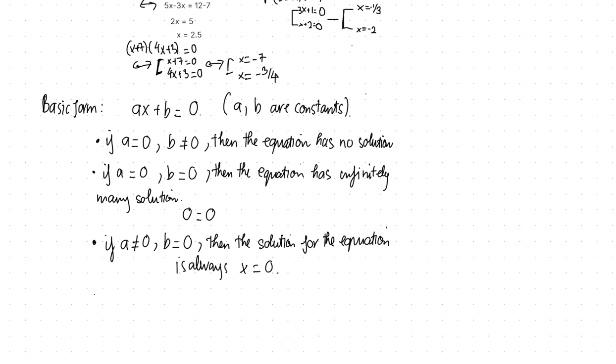And if A is non-zero and B is also non-zero, then the solution will be x equals minus b over a.